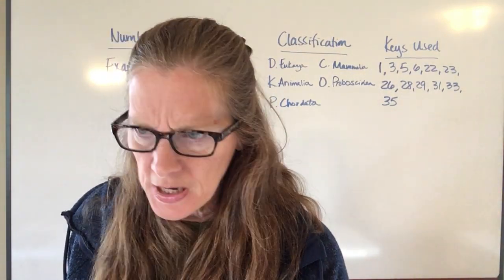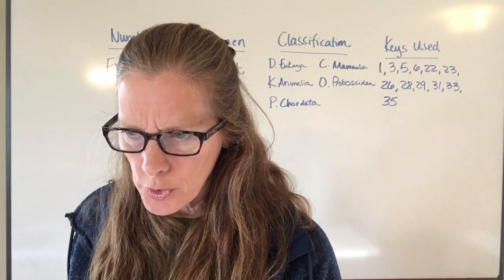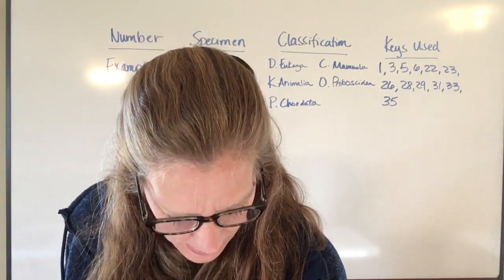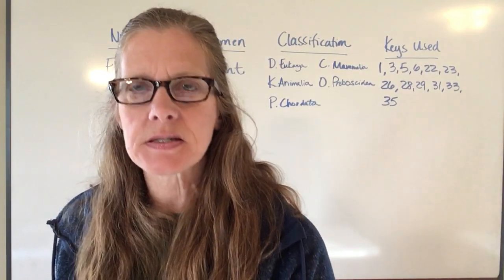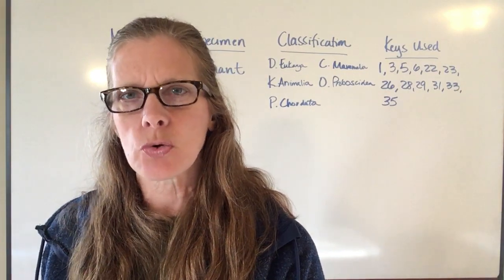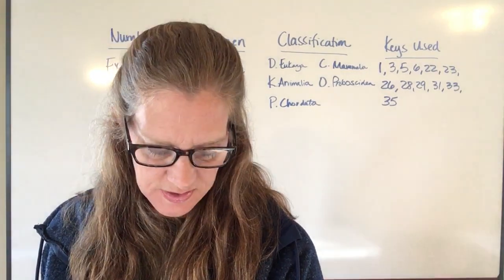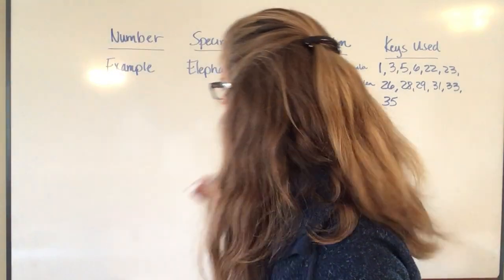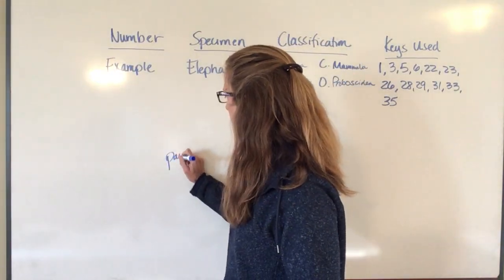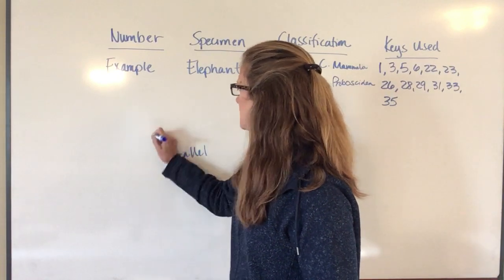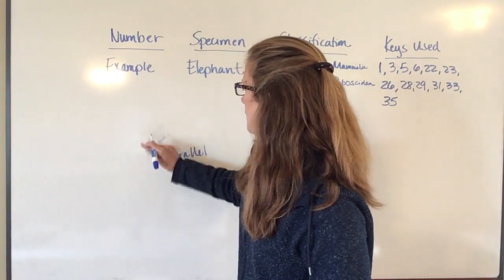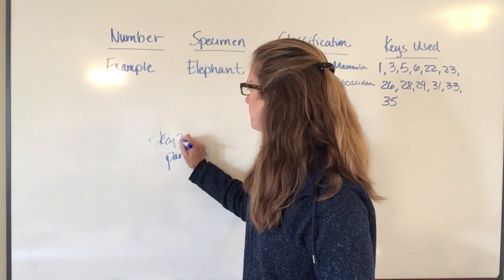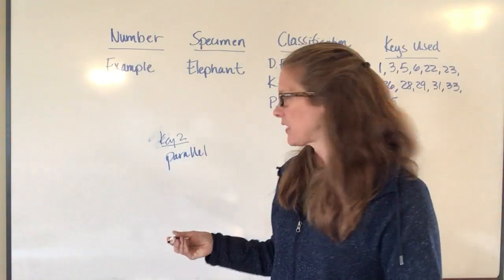Okay, step number 4 talks about whether it has leaves with parallel veins or leaves with netted veins. And this is going to be one that you're going to be using as you're classifying a couple of the plants. This is key 2. So key 2 says parallel veins.